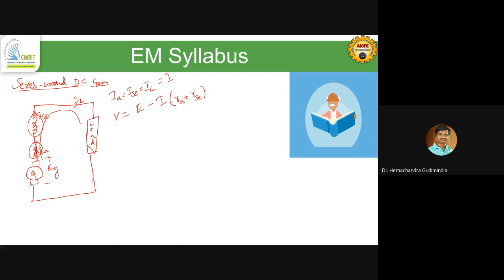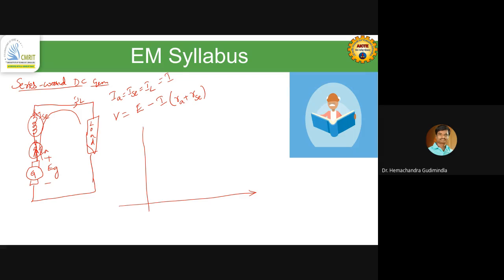Now, if you look at the characteristics for the series wound generator, here the field winding current is ISE.